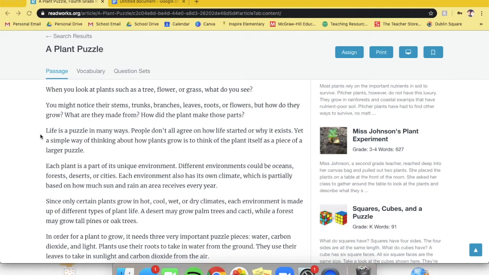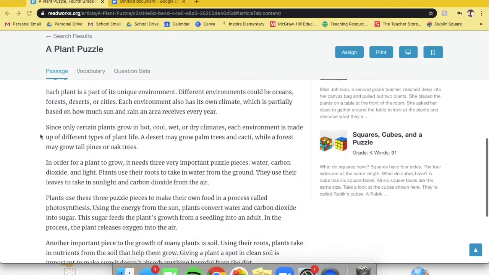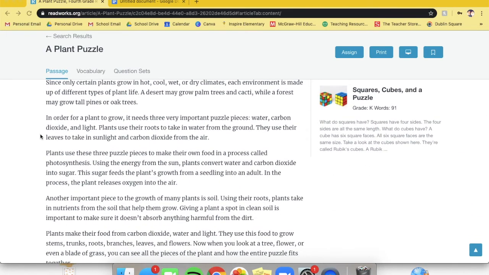Each environment also has its own climate, which is partially based on how much sun and rain an area receives every year. Since only certain plants grow in hot, cool, wet, or dry climates, each environment is made up of different types of plant life. A desert may grow palm trees and cacti, while a forest may grow tall pines or oak trees.